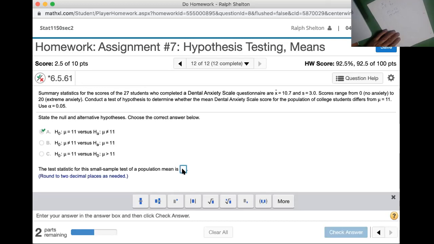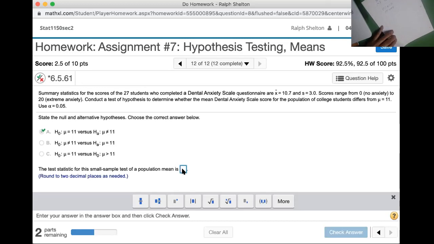So we have to assume the population is not normal, because we don't have sufficient information to say we have a normal or approximately normal population. Even though we have a large sample size, we still have to use the t distribution. So we know we're doing a t-test here.